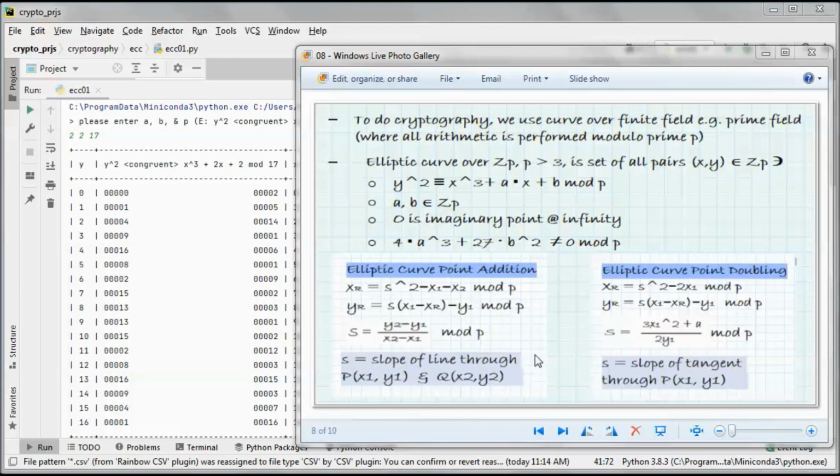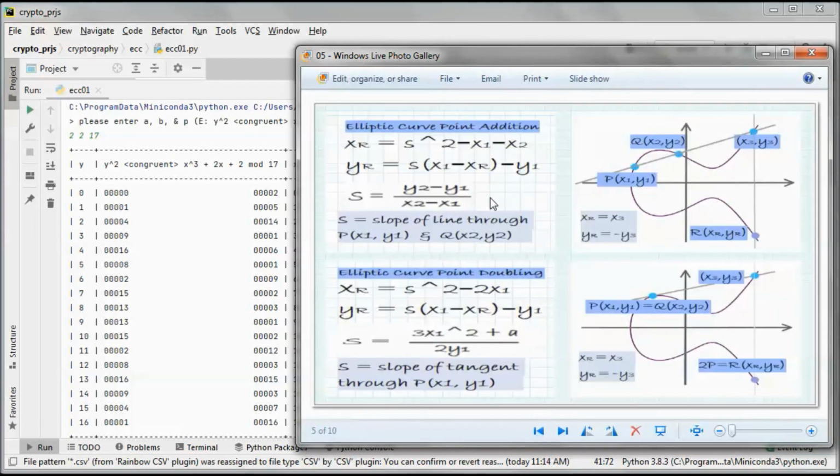So we end up with those equations for elliptic curve point addition and point doubling. And now we have mod p here, which we did not have when we were over real numbers.